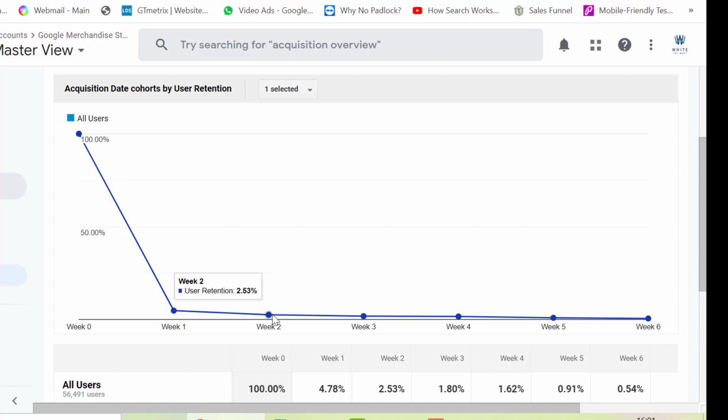The number deteriorated, and in week 3 it further deteriorated to 1.80, and then 1.62 in week 4, and then 0.91, and then 0.54 in week 6. So you are able to gather how far your website is able to retain your users.